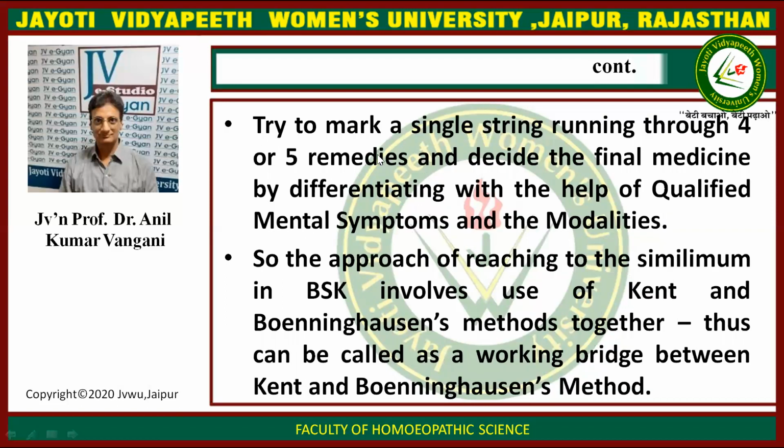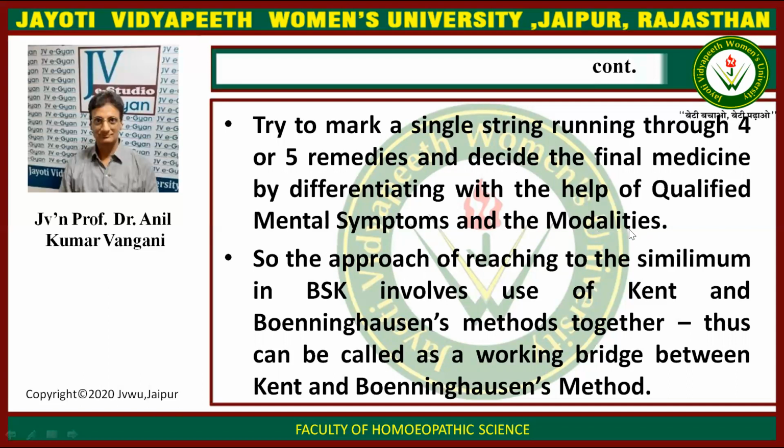Now try to mark a single string running through the whole case. You have to select 4 or 5 remedies and decide the final medicine by differentiating with the help of qualified mental symptoms and the modalities. So here the modalities and the mental symptoms become differentiating.